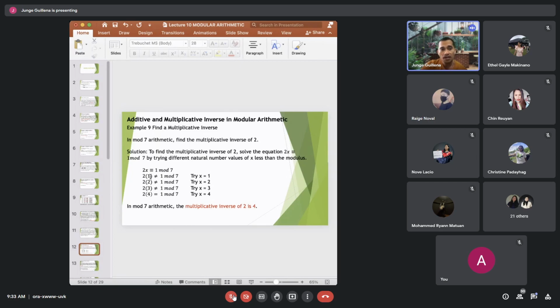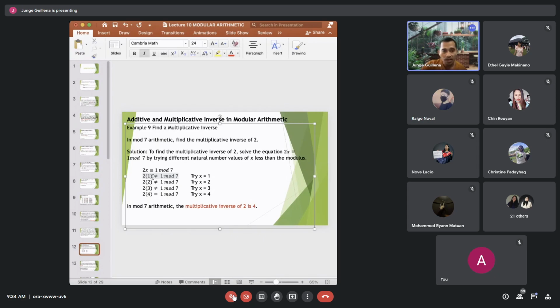So you multiply 1 by 2 kasi you substitute x by 1. So 2 times 1 is 2. You divide that by 7. 2 divided by 7, the remainder is not equal to 1, but it is equal to 2. Correct ba? Ang 2 divided by 7, ang remainder is 2.